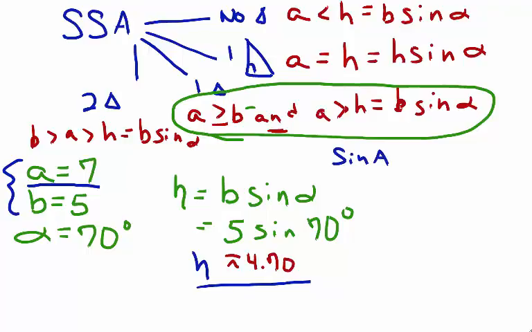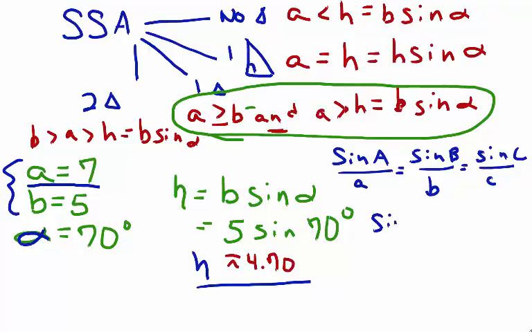Recall that the law of sines says that sine of angle A over side A is equal to sine of angle B over side B, which is equal to sine of angle C over side C. I have both side A and angle alpha, which is angle A. So I can say that sine of 70 degrees over 7 equals sine of angle B over side B, which happens to be 5.